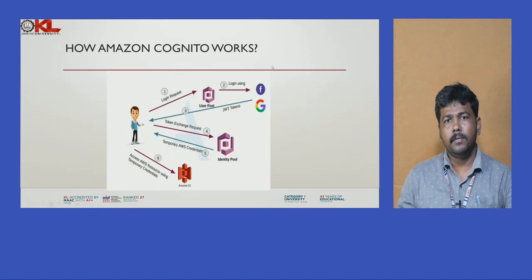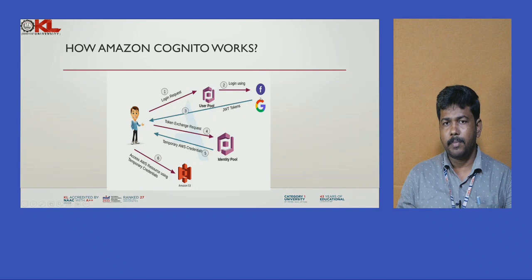Now we'll see how Cognito works. For example, a person is trying to access the service called S3. Before accessing that service, the person has to give a login request to the user pool. The user pool will forward the request to third party providers like Facebook or Google.